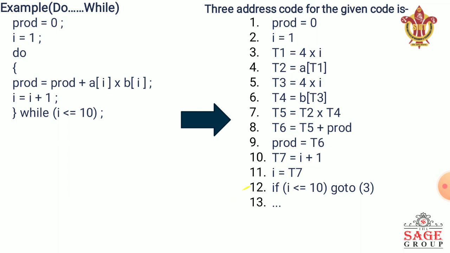So we write here if I less than equal to 10, and if the condition is true we follow our do while loop. If the condition is true, then we go to 3, means we again and again execute this statement. And if the condition is false, we connect to our remaining portion, which is directly go to next.